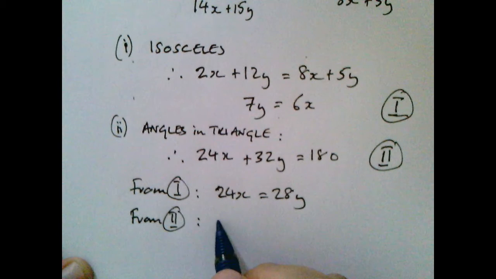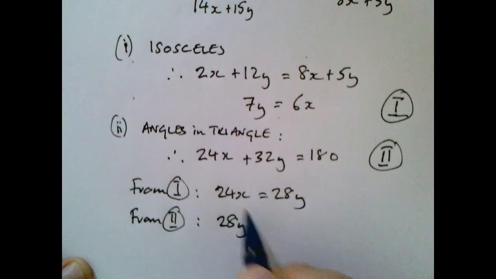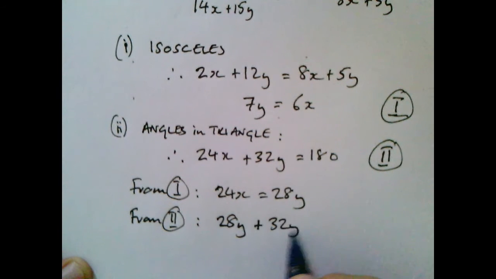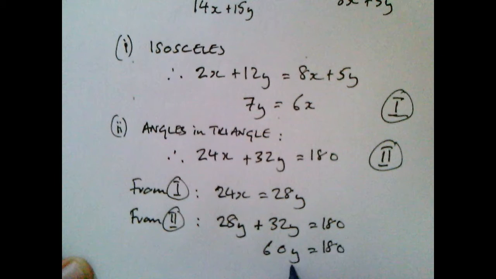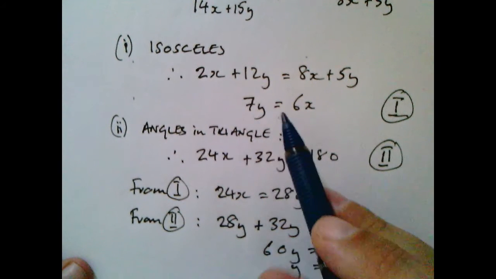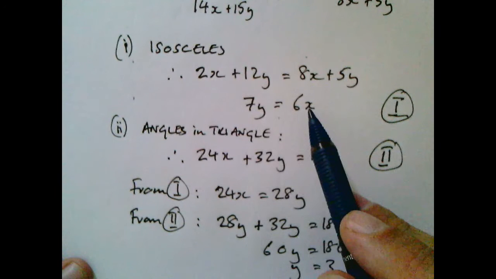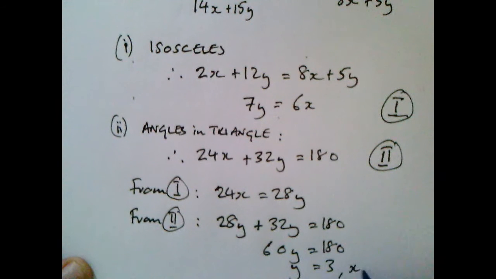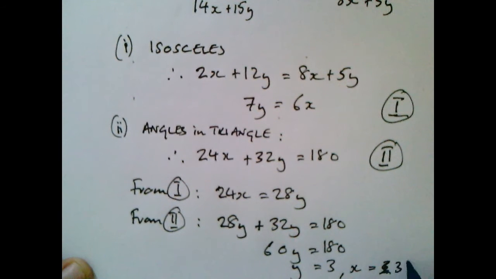We can say 28y, substituting in, plus 32y equals 180. So 60y equals 180, y equals 3. And if y equals 3, then from this one, 21 is 6x, x equals 3.5.